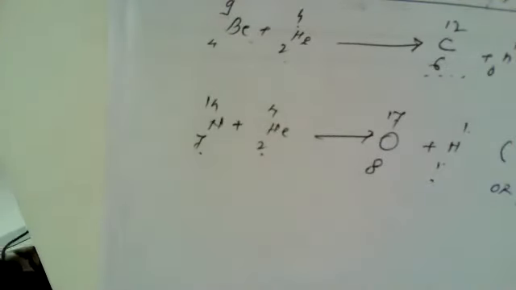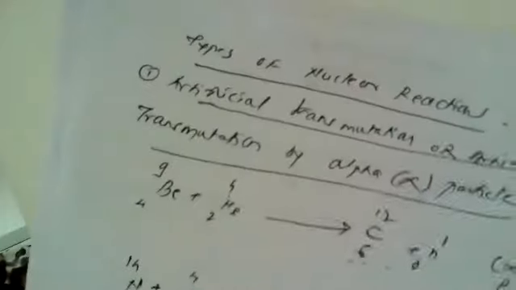So this is how we have seen how alpha particles may be used during transmutation of these target nuclei. While studying the topic of nuclear reactions, we have come to the conclusion that every nuclear reaction is to be balanced. The mass numbers and the atomic numbers on the left hand side must be equal to the mass numbers and atomic numbers on the right hand side.